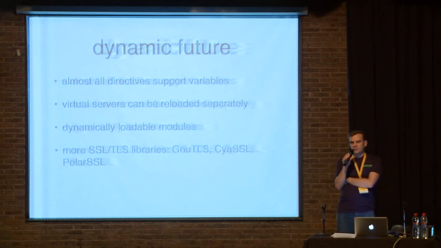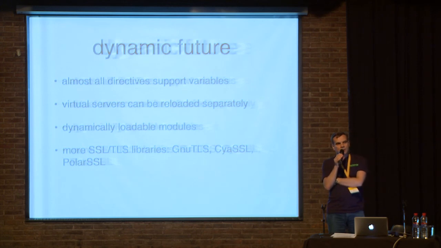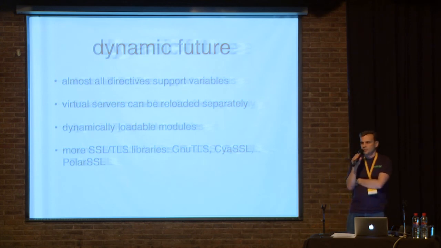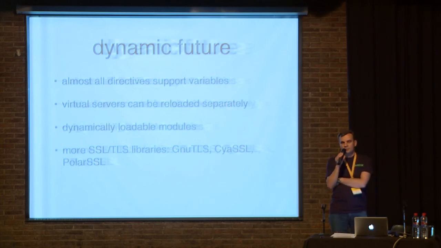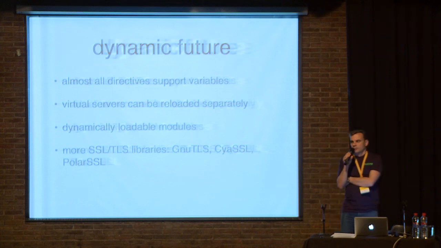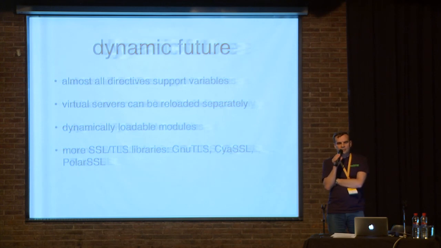And the final feature: NGINX version 2 can work with more SSL/TLS libraries. In addition to OpenSSL, it supports also GnuTLS, CyaSSL, and will support PolarSSL too, and probably other libraries. All these libraries can work simultaneously inside the worker process. It was not an intentional solution.